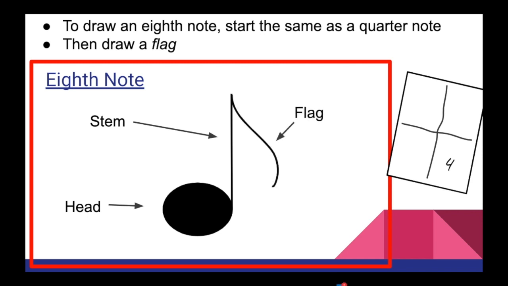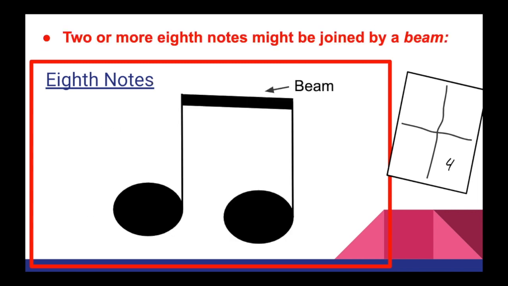It looks like that. Looks like a flag hanging off of a flag pole. Two or more eighth notes might be joined by a beam, and you can go ahead and draw this in the same rectangle where you drew the single eighth note with the flag. Draw two more eighth notes connected with a beam.